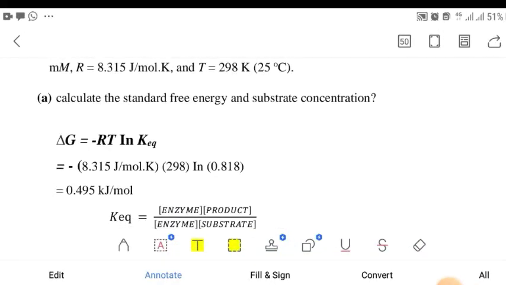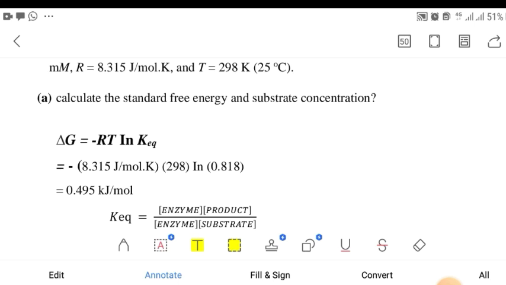Then to calculate your substrate concentration, remember your equilibrium constant equals the products over the reactants. For the product we have the enzyme and the product, and for the reactant we have the enzyme and the substrate.